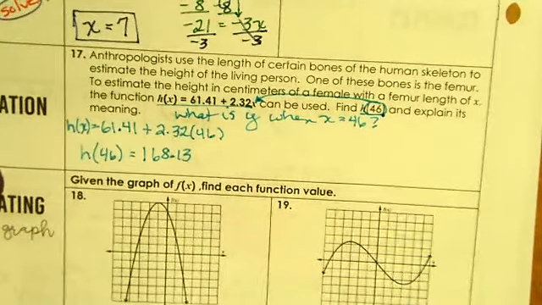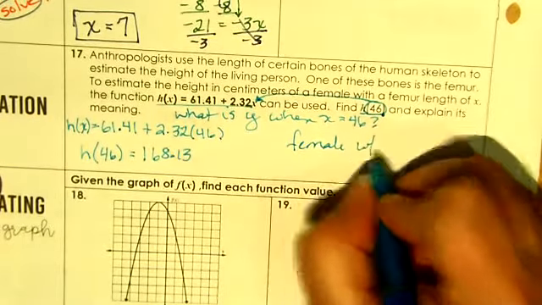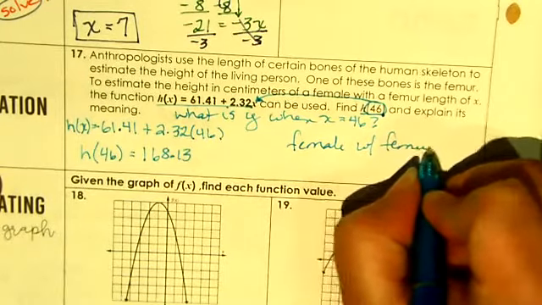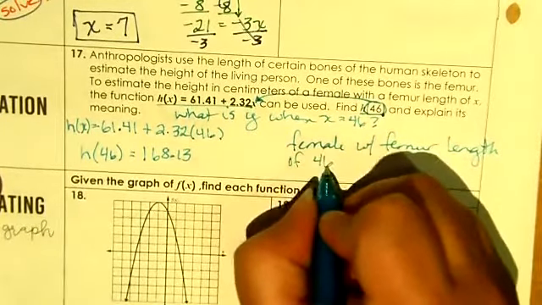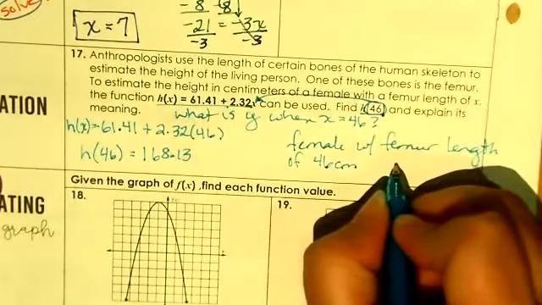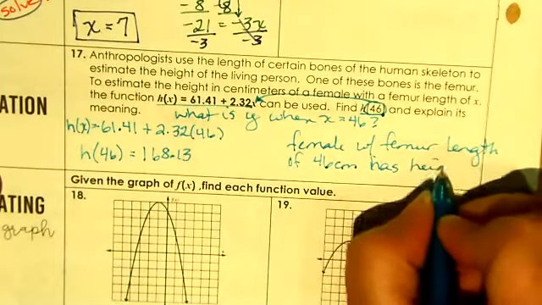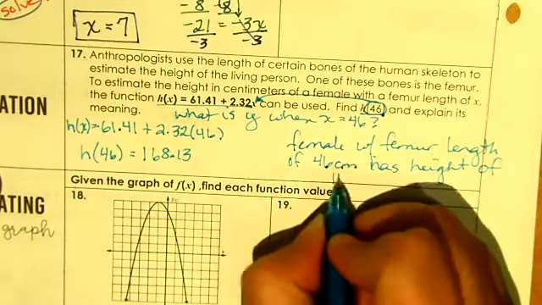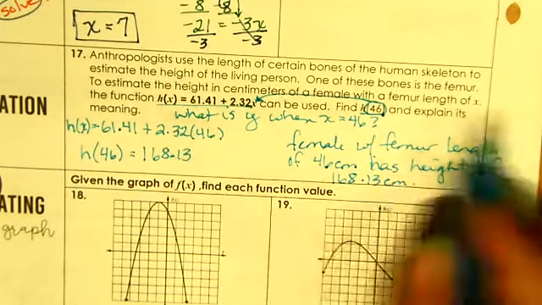That means a female with a femur length of 46 centimeters has a height of 168.13 centimeters.